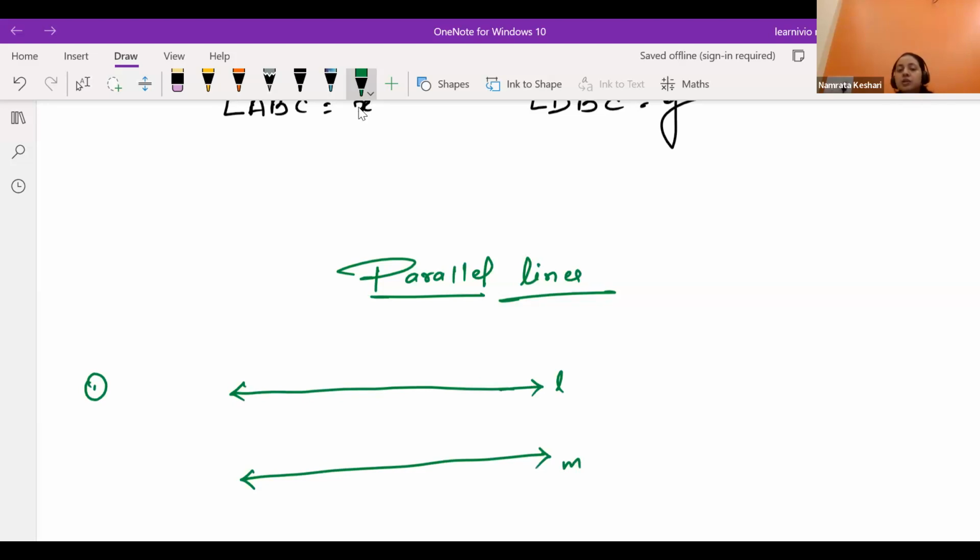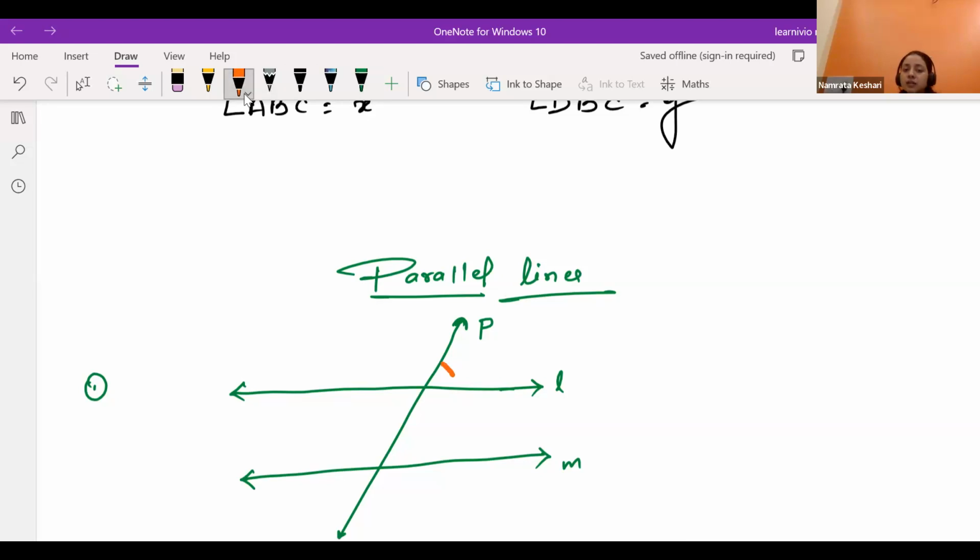I have just drawn two random lines L and M, and there is a transversal, let's call it P.